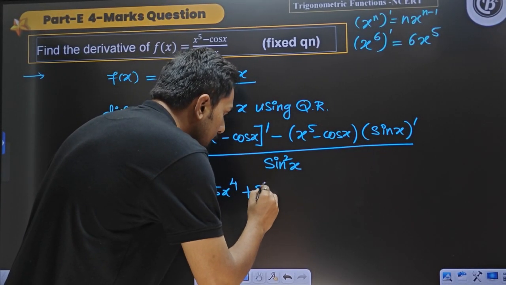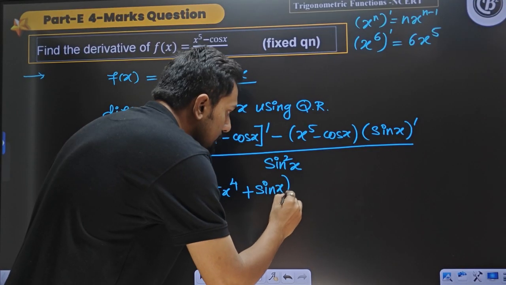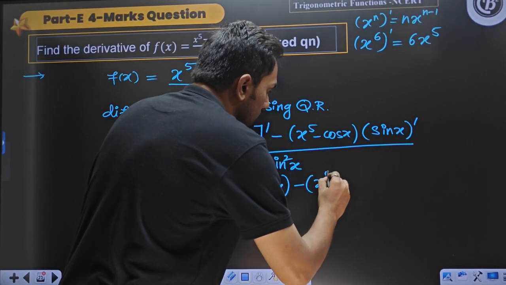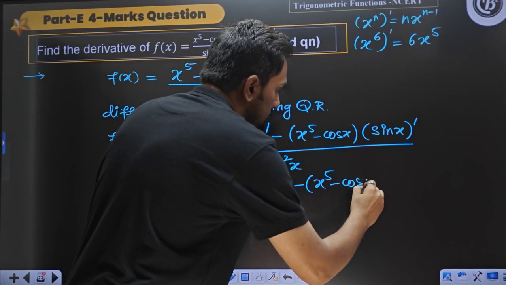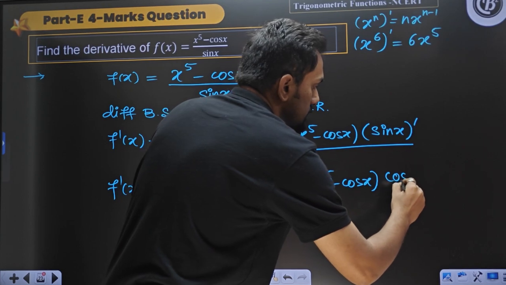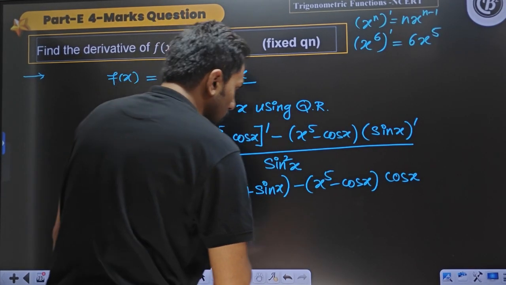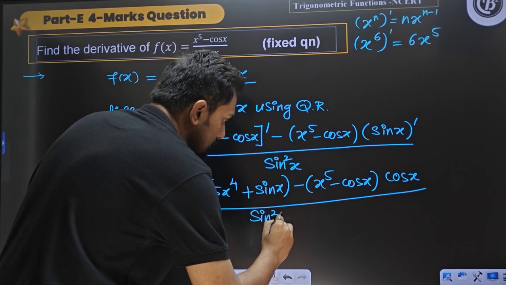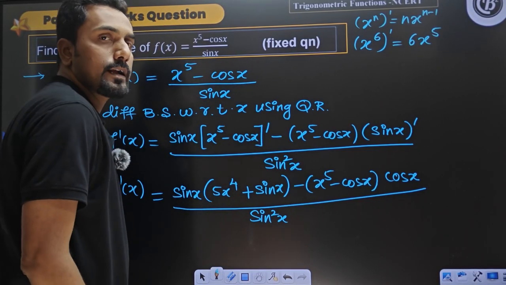So here we write sin x, minus x power 5 minus cos x as it is. The derivative of sin x will be cos x, whole divided by sin square x. Correct?